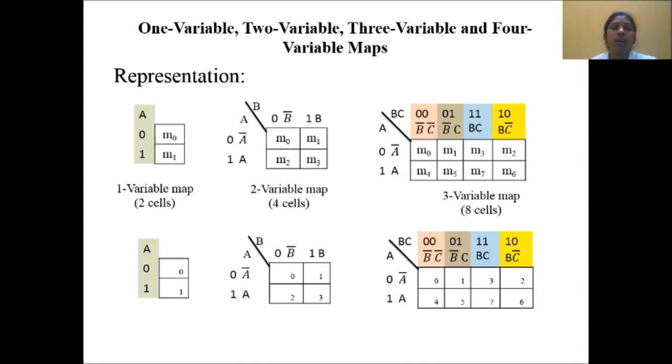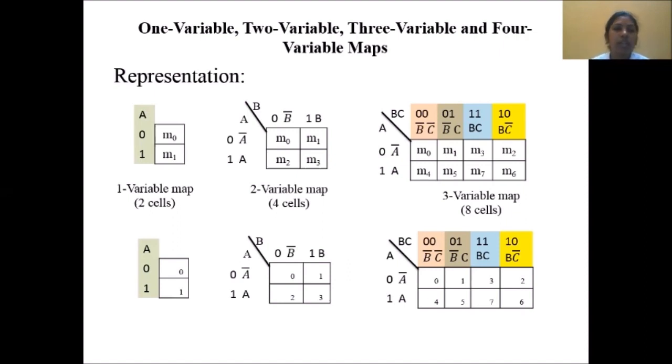These are the order of the min terms that are to be arranged inside the K-map. In 3 variable, we have 8 min terms starting from M0 and ending with M7. The order is M0, M1, M3, M2, and then the next row M4, M5, M7, and M6. The elements have to be filled in the specified order.